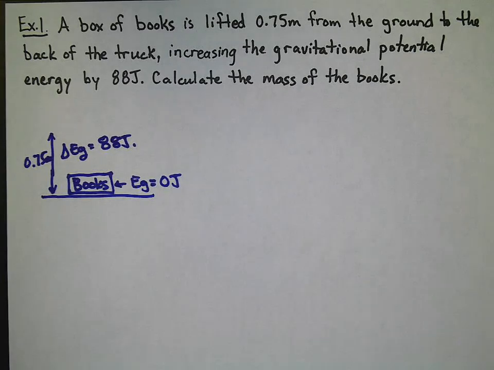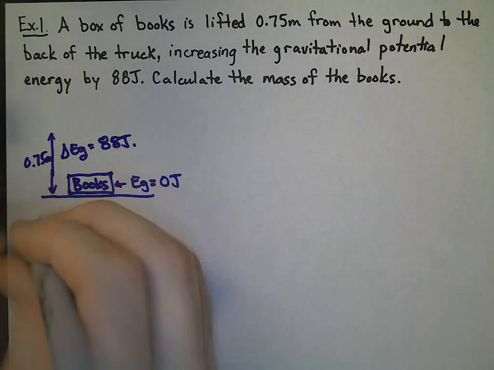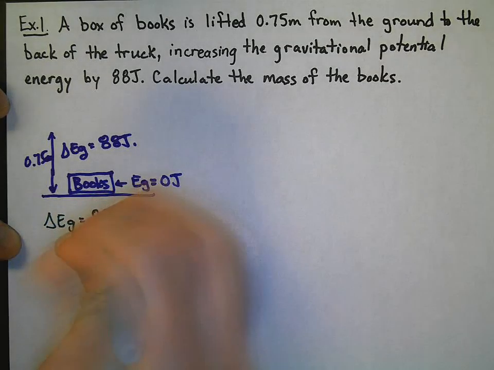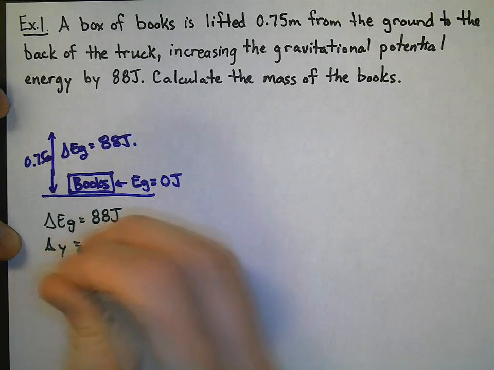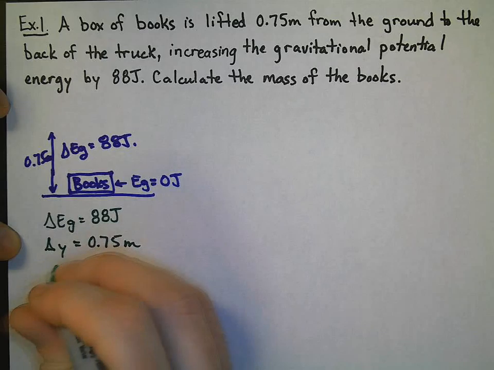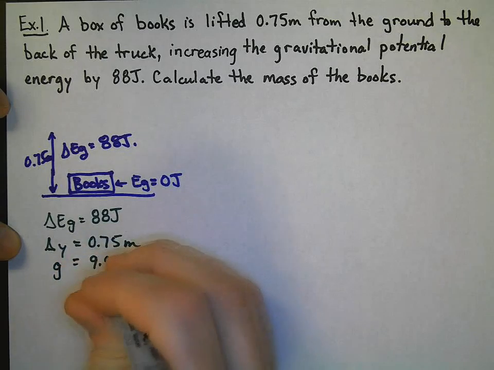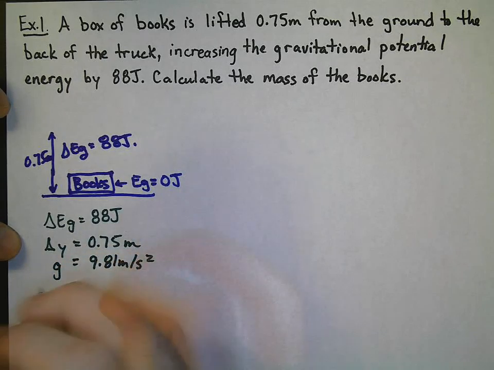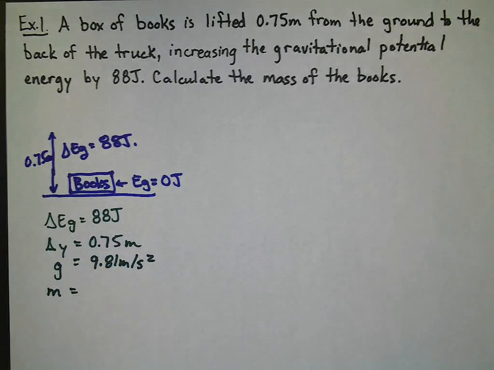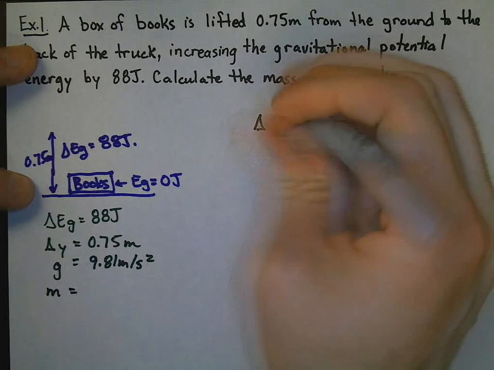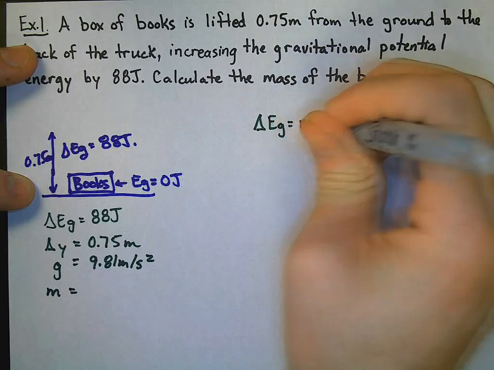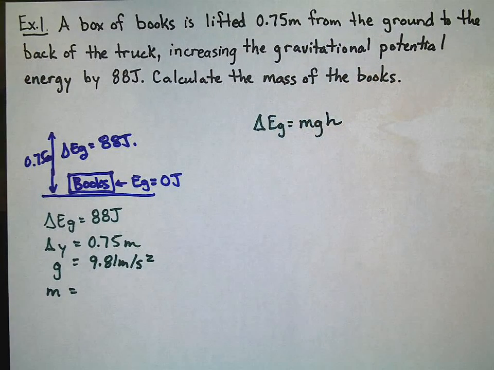So going ahead and calculating, we have our gravitational potential energy of 88 joules, and the vertical displacement of the object relative to the Earth is 0.75 meters. We know that g is 9.81 meters per second squared. Let us calculate the mass of the books. I'm going to all the time interchange delta y and h.